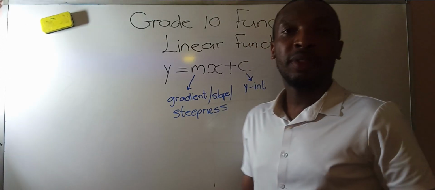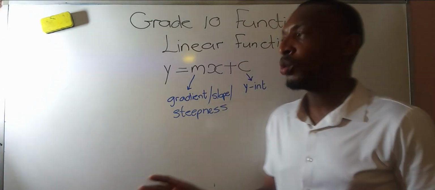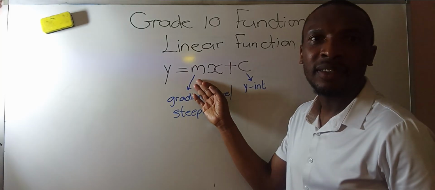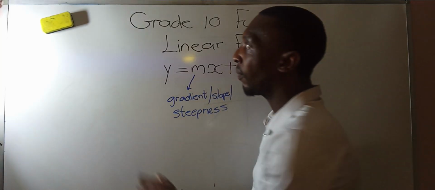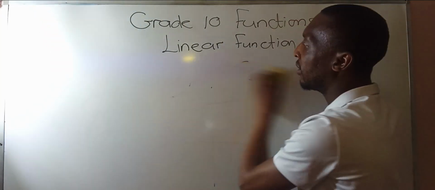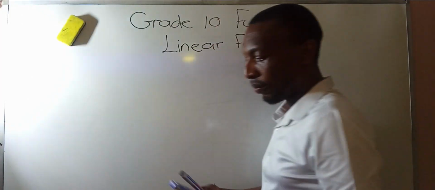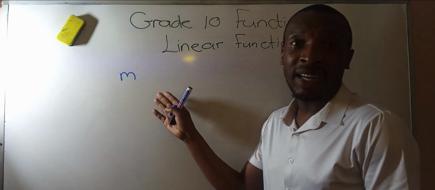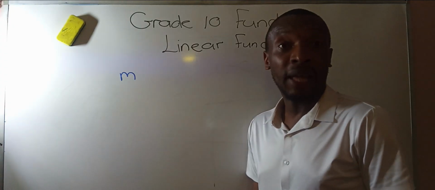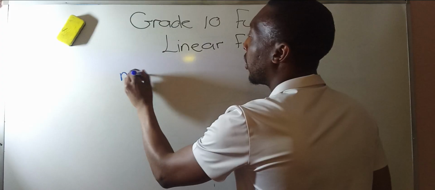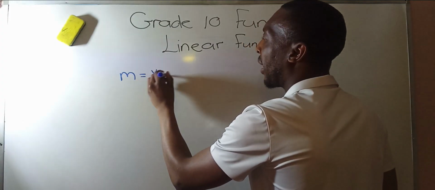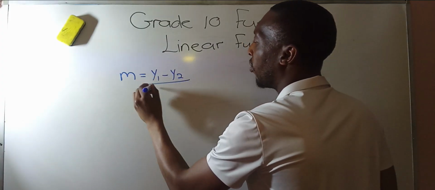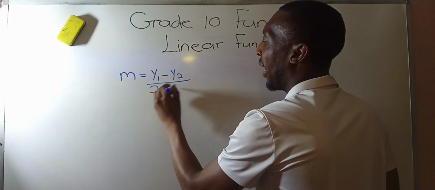So with that being said, let's look at how you calculate the slope of a line. You may have seen this in grade 9. The slope or the gradient is assigned the variable m in this case. So it is the change in y over change in x.